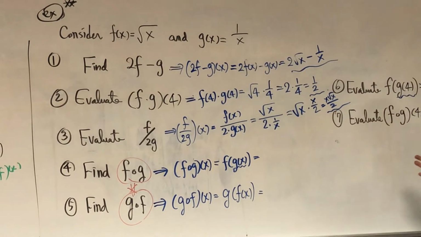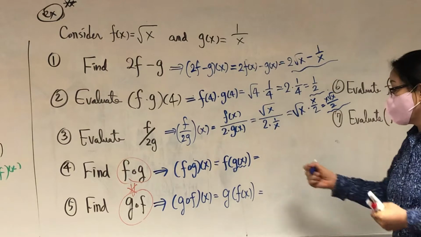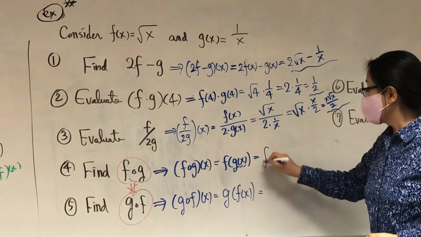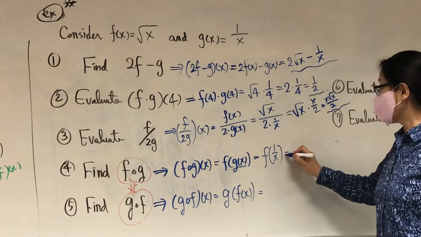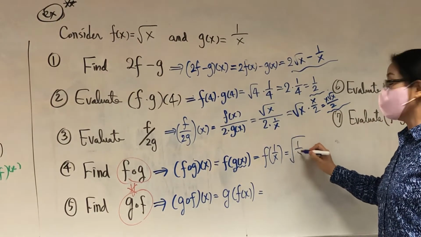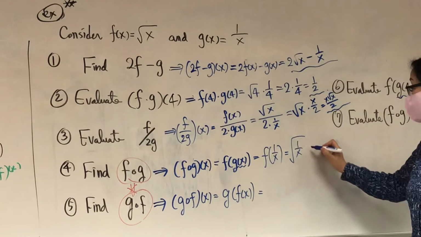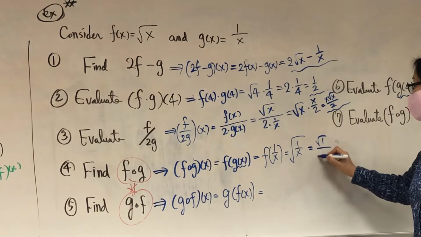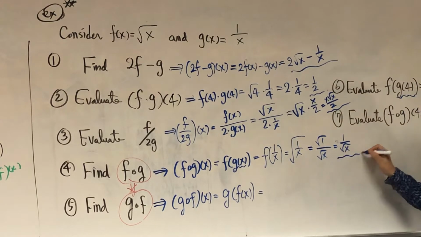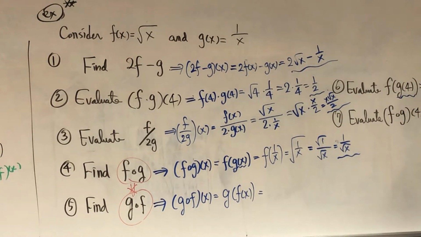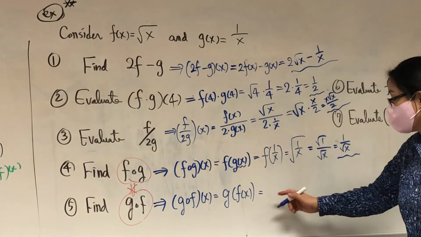Good. Move on. What is g? 1 over x. Am I right? Substitute 1 over x. It's good? How about this?